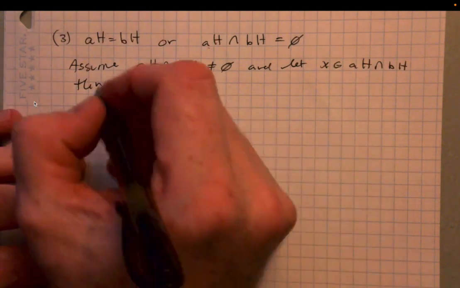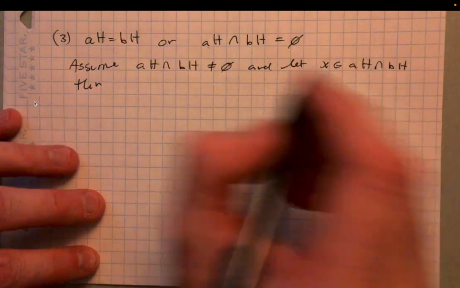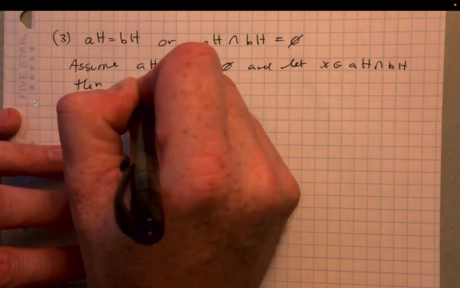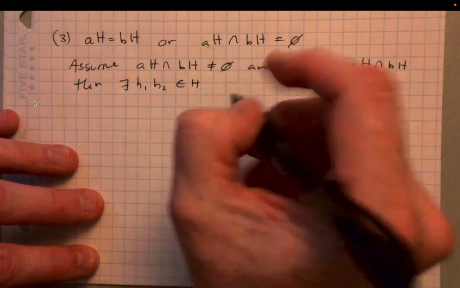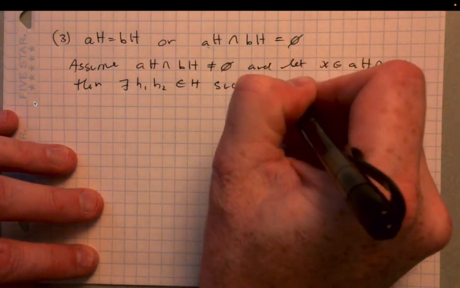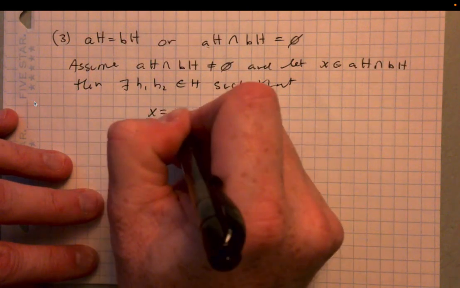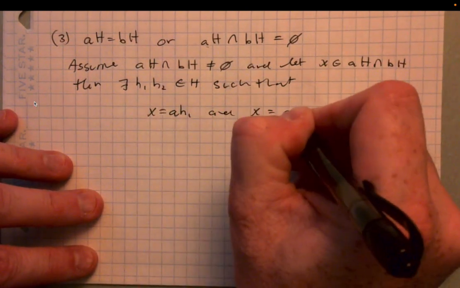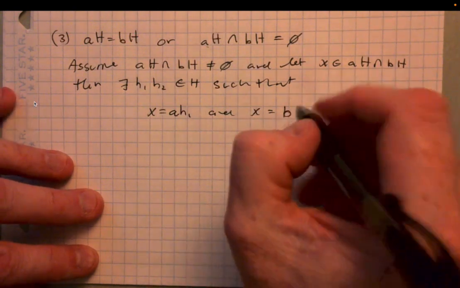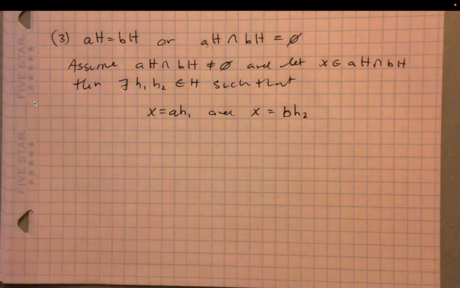Okay. So we're assuming that the intersection is non-empty and that X is an element in that intersection. So if X is in that intersection, then there's going to exist H1, H2 in H such that X is equal to A times H1 and X is equal to B times H2.